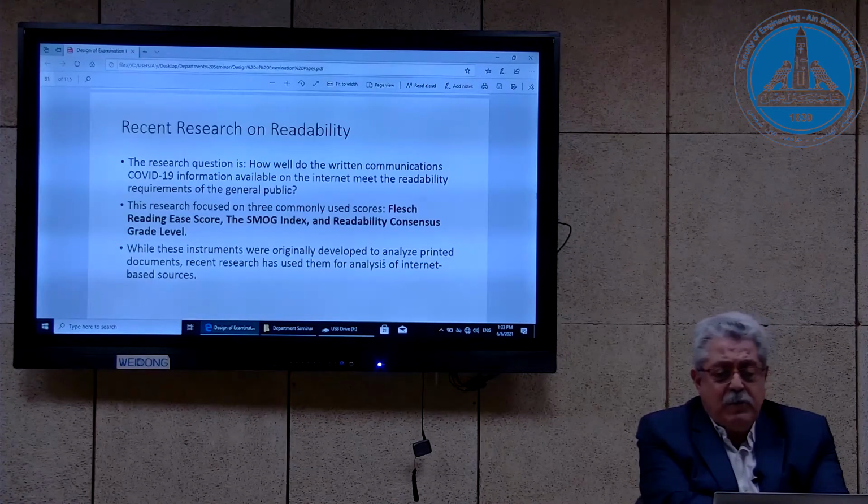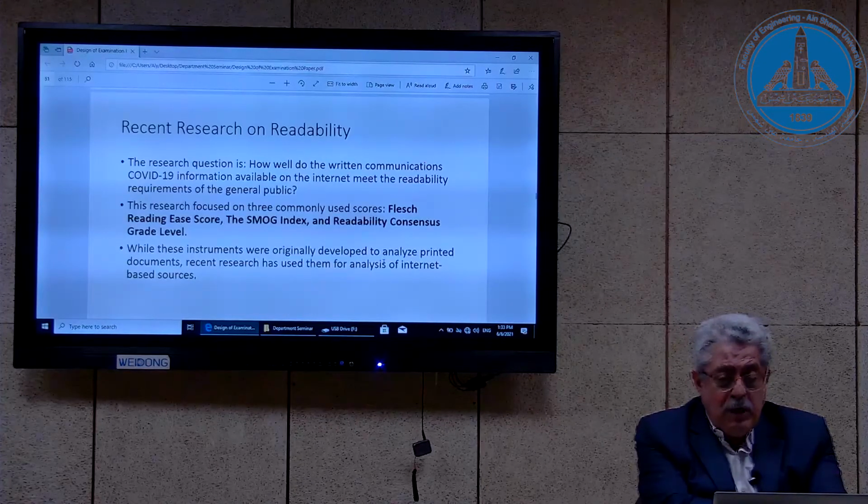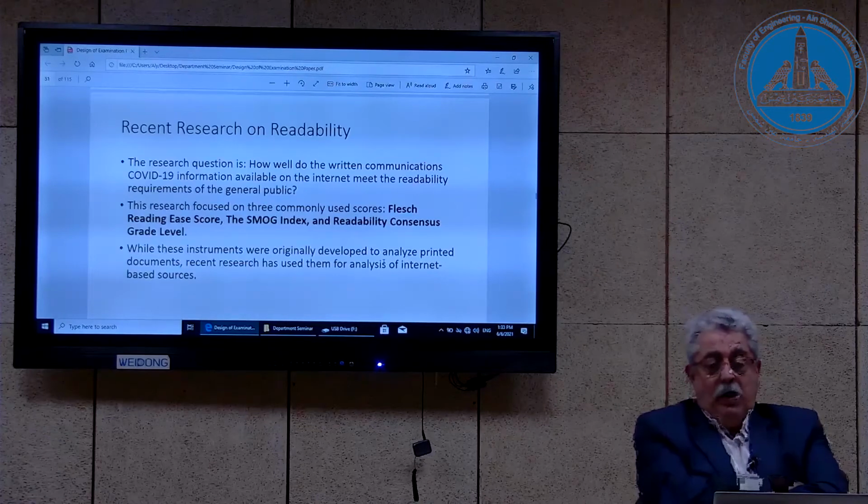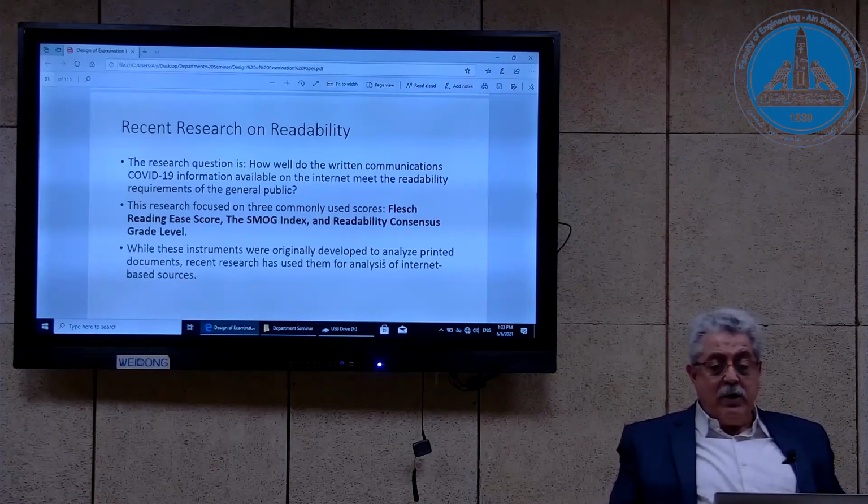It's an interesting piece of research, but what I want to clarify here is that they used 3 commonly used scores to measure readability: Flesch Reading Ease score, the SMOG index, and the readability consensus grade level.